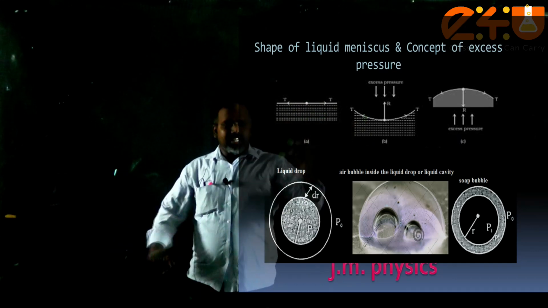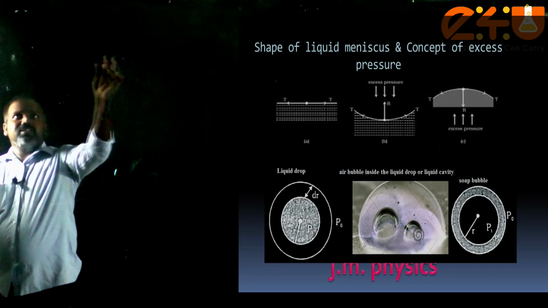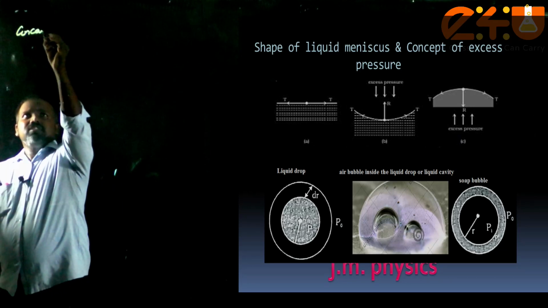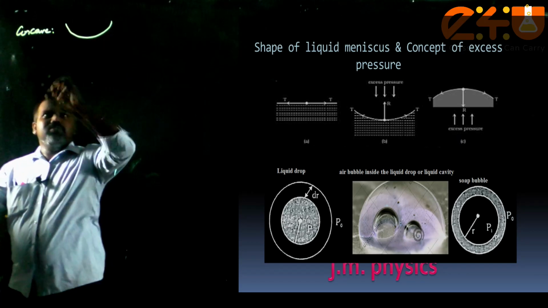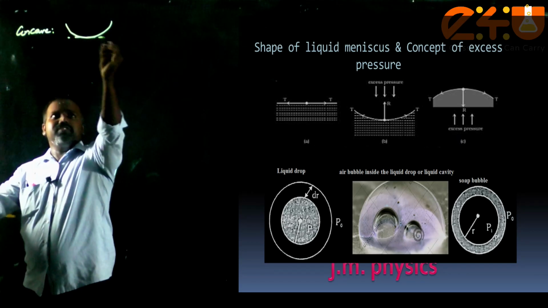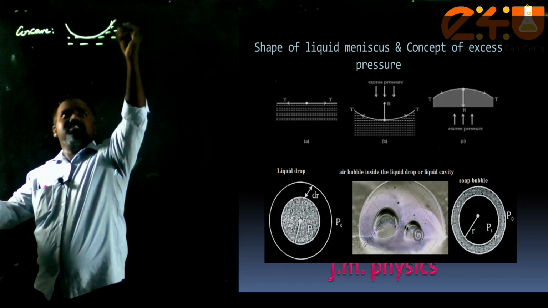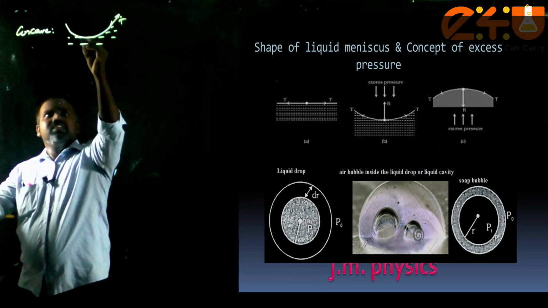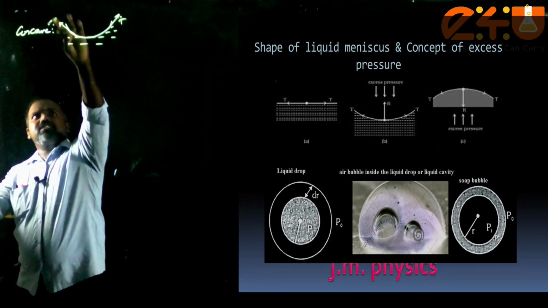But in the second diagram, which is given for the concave meniscus, this is the force, this is the shape of the meniscus, and this is the liquid surface. In this case, the surface tension acts tangentially, and the force due to it also acts tangentially.